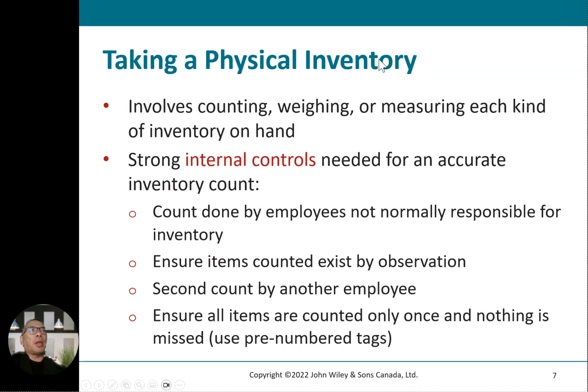Taking a physical inventory, as I mentioned to you, involves counting, weighing, and measuring each kind of inventory on hand. When I was at Home Depot counting inventory, there were about 10 of us assigned to the screw department. Every day we would count the screws. The screws that are in a box we can count, but the screws that are not in a box, let's say in the small boxes for retail, we have to count by weighing.